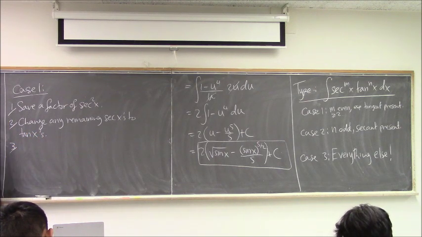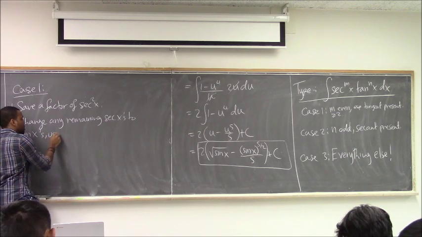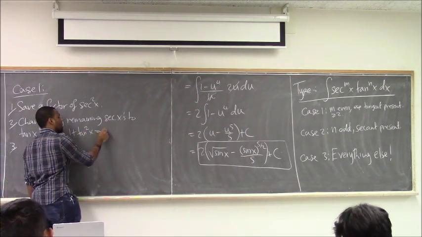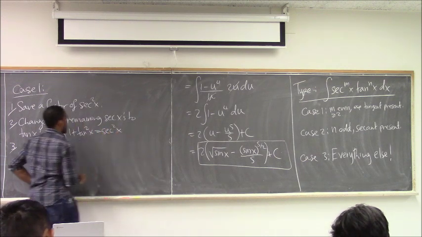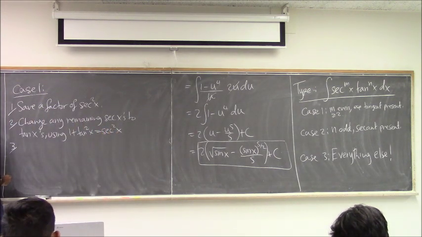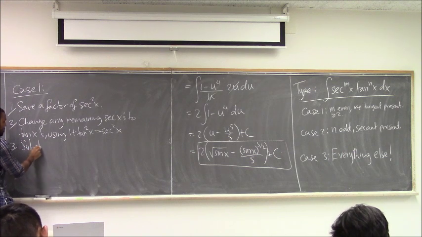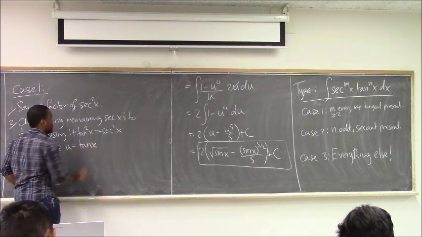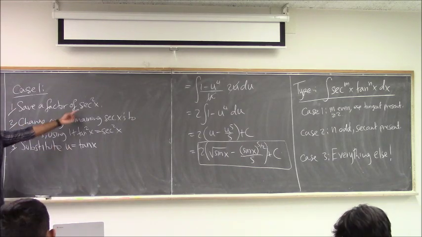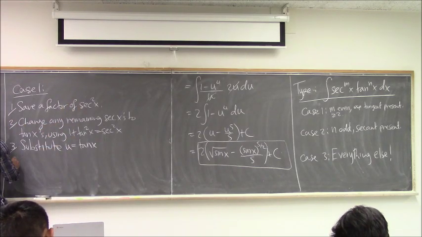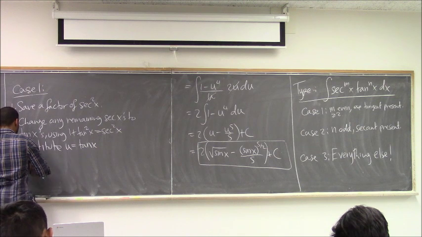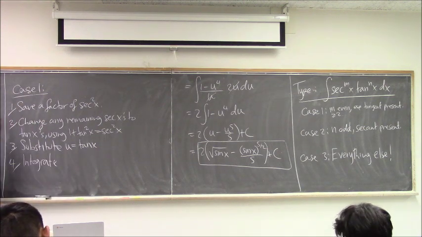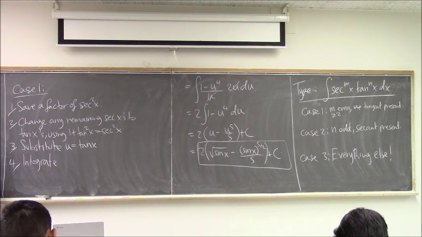Of course, you're going to use the identity 1 plus tangent squared equals secant squared. And step 3, you're going to substitute u for the tangent, your du is going to be that secant squared that you had saved, and then you just integrate. At this point, it should be something that you can break up into something where you can use the power rule. Integrate.